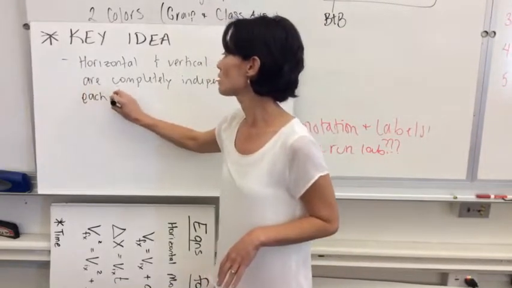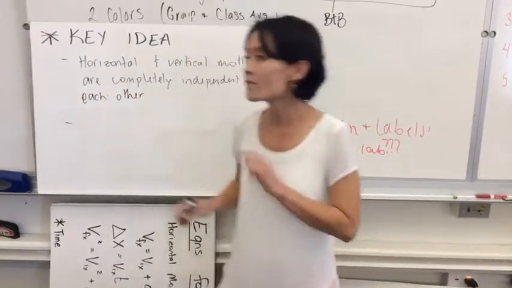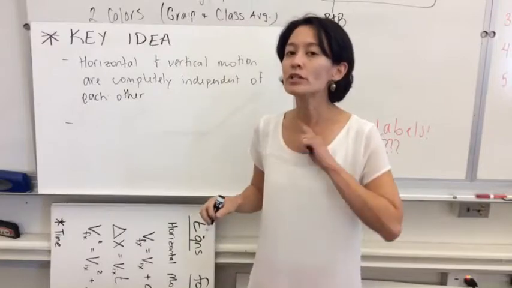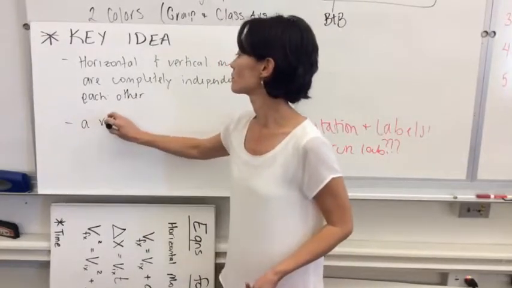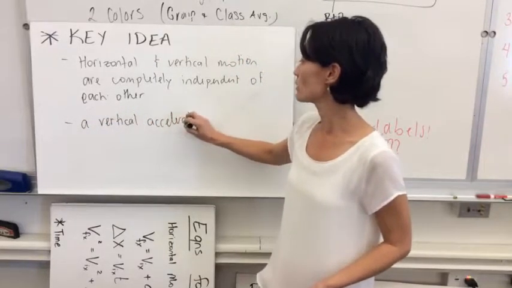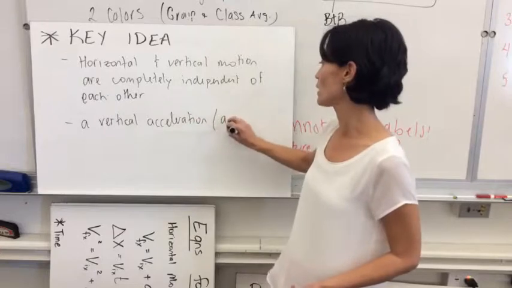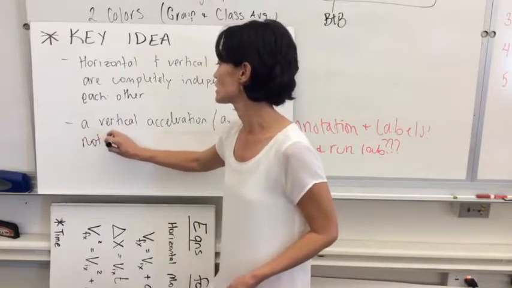One does not affect the other. Okay? So it's this idea that a vertical acceleration will not affect the x velocity. So vertical acceleration, specifically ay, will not affect horizontal velocity.